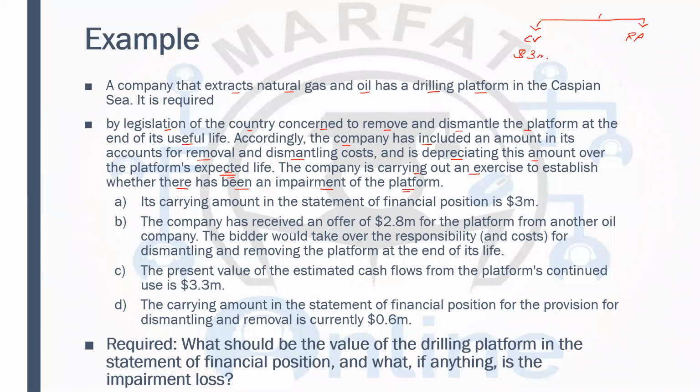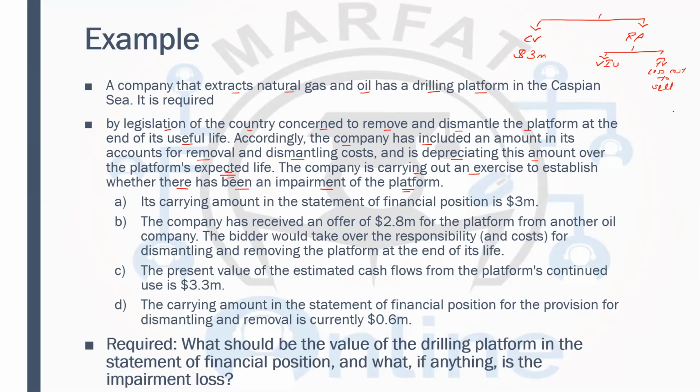Okay, we got the figure of the carrying value, fine. Now we need the recoverable amount, which is the higher of value in use and fair value less cost to sell. Okay, fine. So the company has received an offer of 2.8 million for the platform from another oil company.